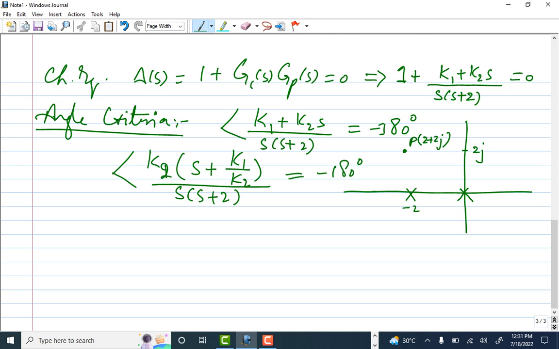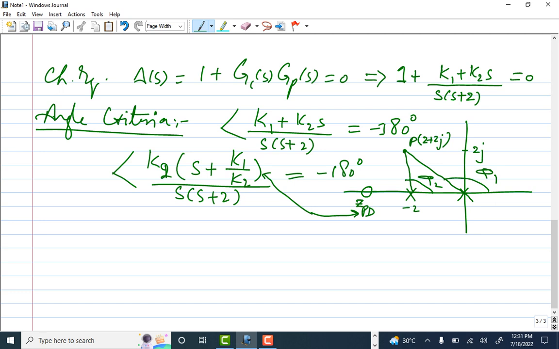To calculate the angle, this one I call phi 1, and this one I call phi 2. The idea is to find out the location of the zero, where I have to put this zero. This location, ZP, is actually equal to the ratio k1 divided by k2. So I have to find this one. Now I use the angle criterion.